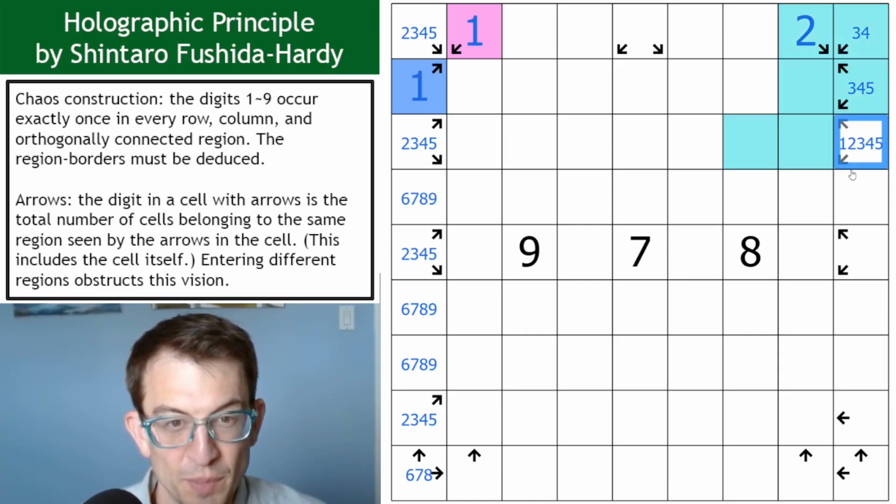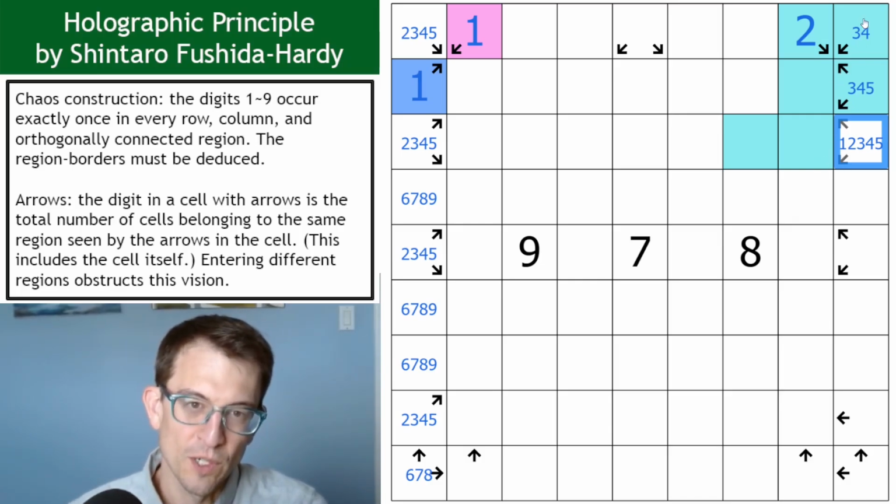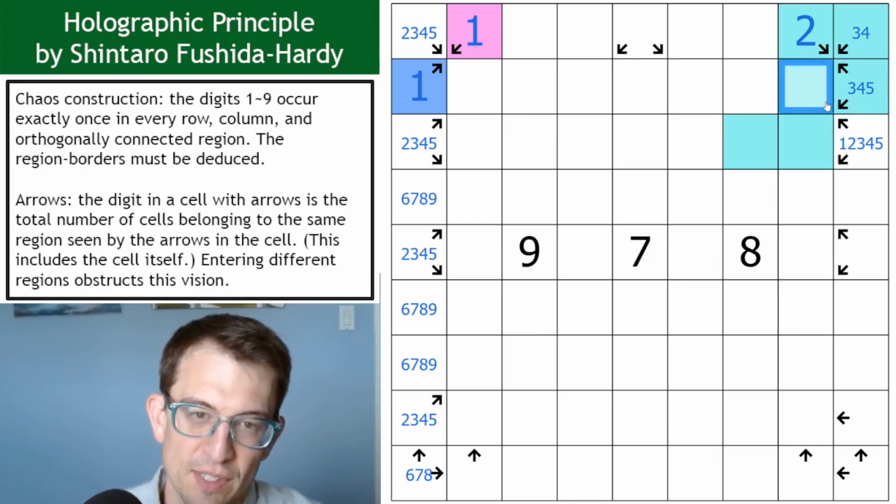Is the reason this couldn't be part of it? Maybe this can't be part of it, because if it were, maybe these can't all be 3, 4, 5 for some reason. I mean, if this were part of blue, it couldn't be 1, because it would already take this cell.